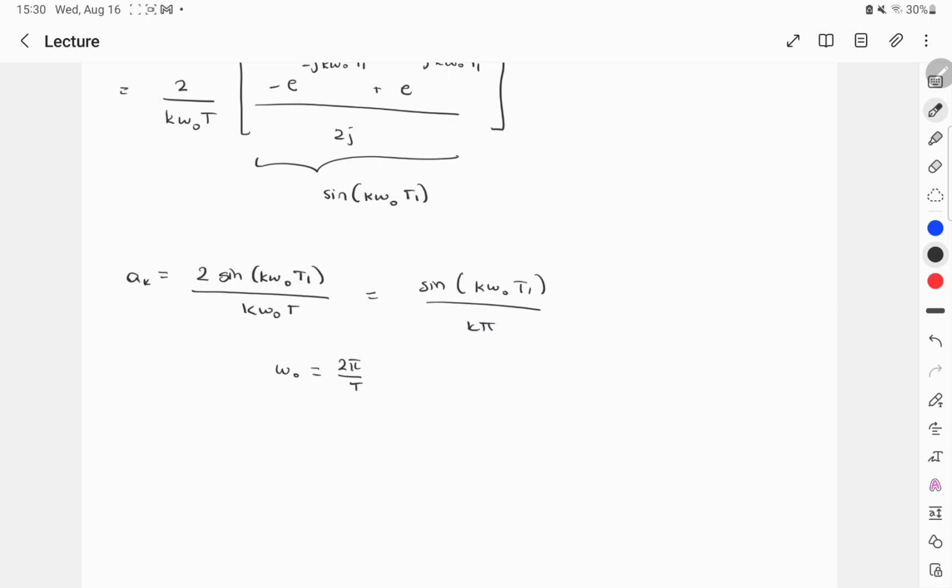So this is the Fourier series coefficients if k is not equal to 0, and we have concluded this question.